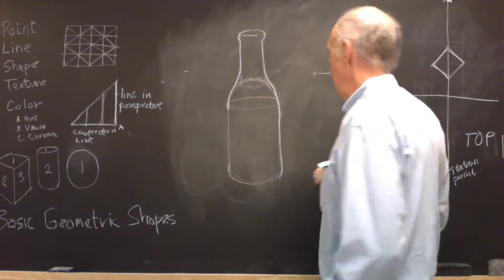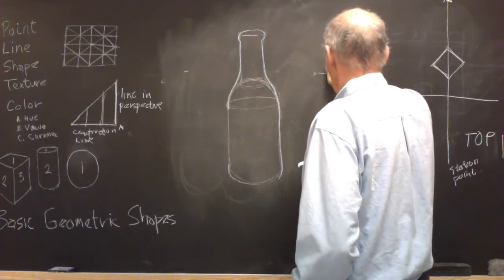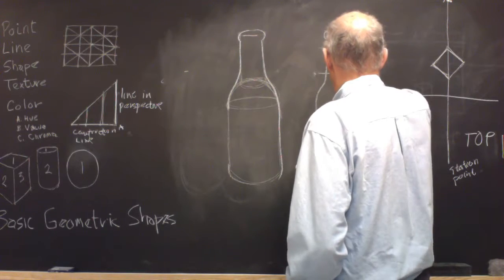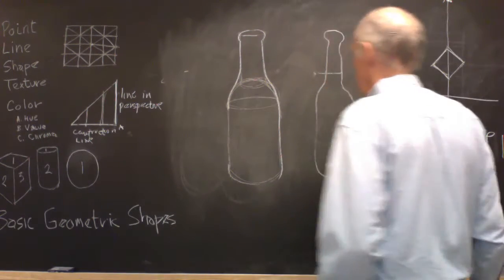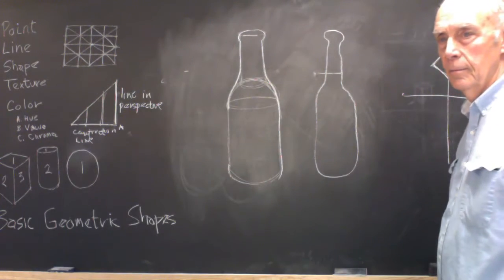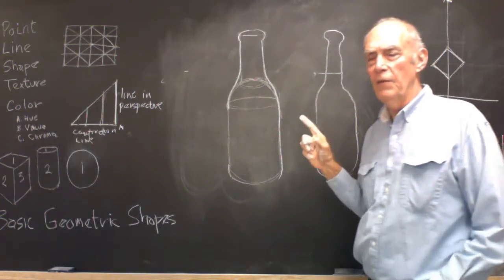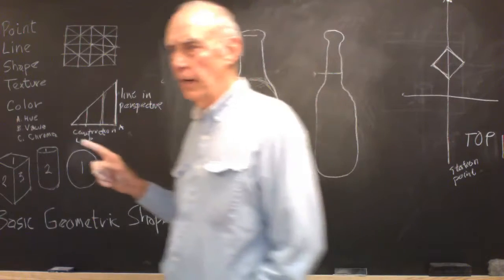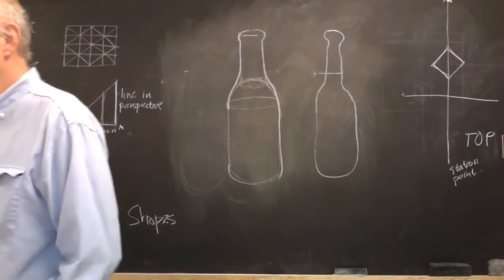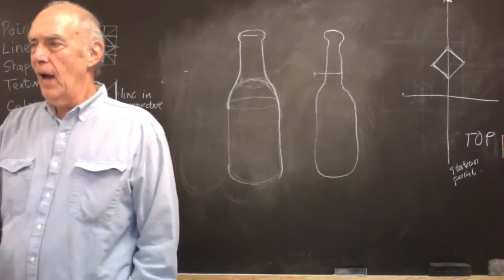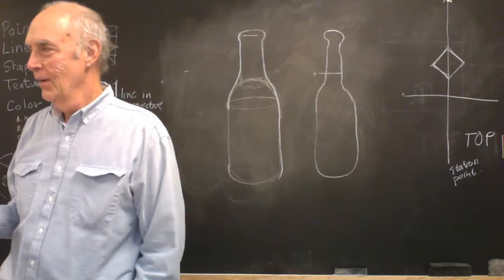In other words, if I tried to draw this bottle by outlining, that's what people do, especially in a figure drawing class. I taught figure drawing class, and I would tell them from the very first day, don't outline your figure.